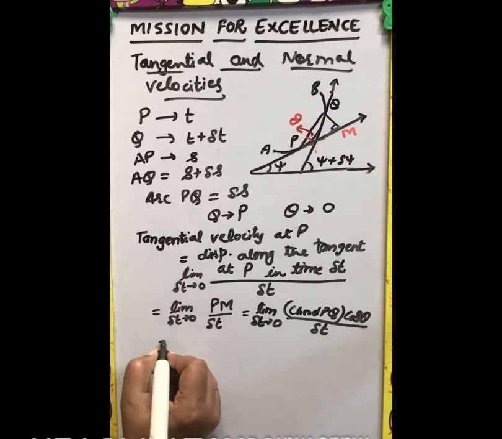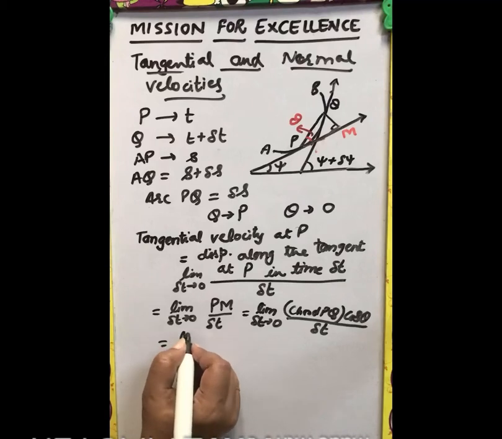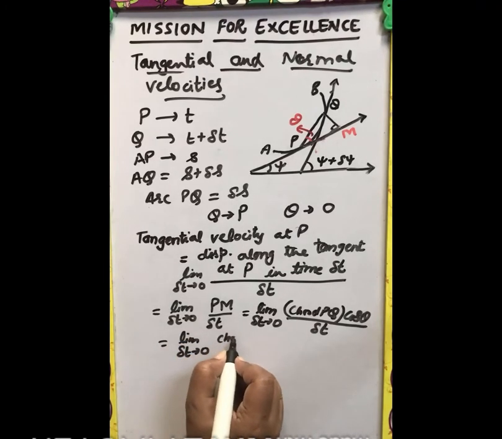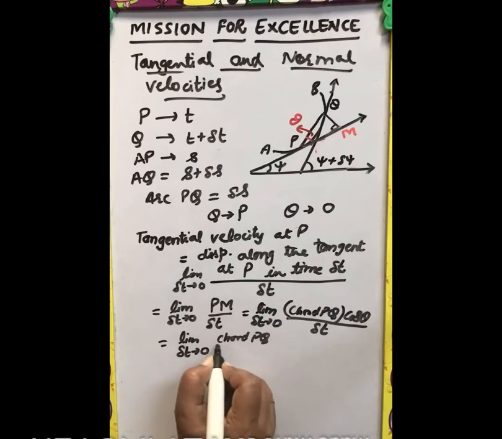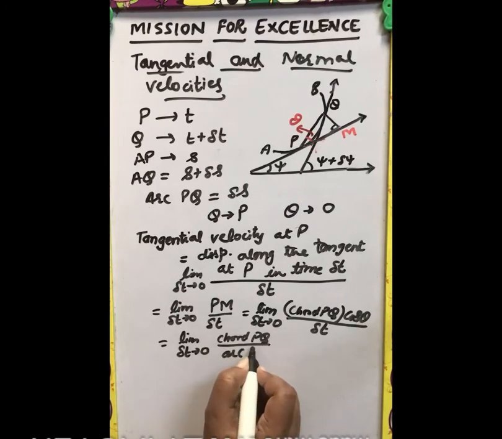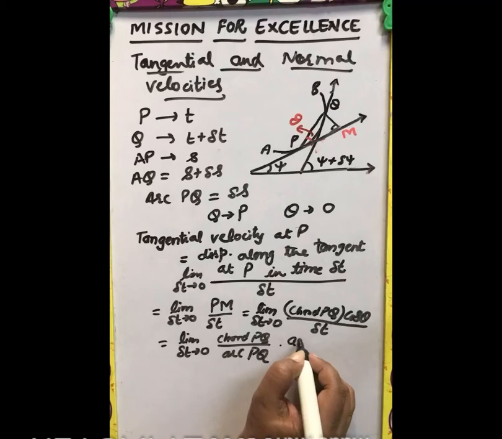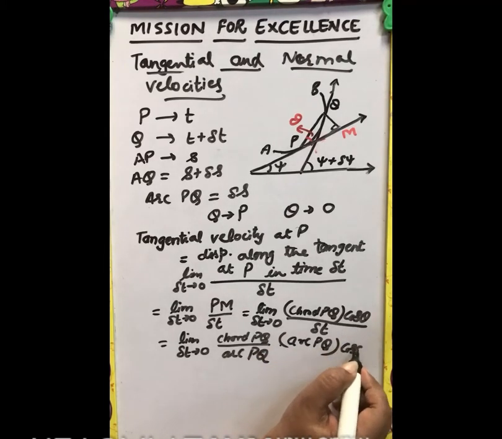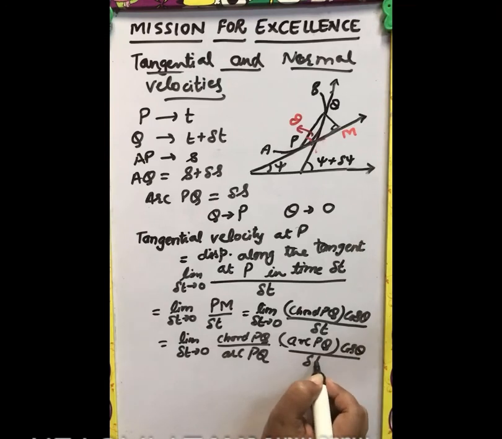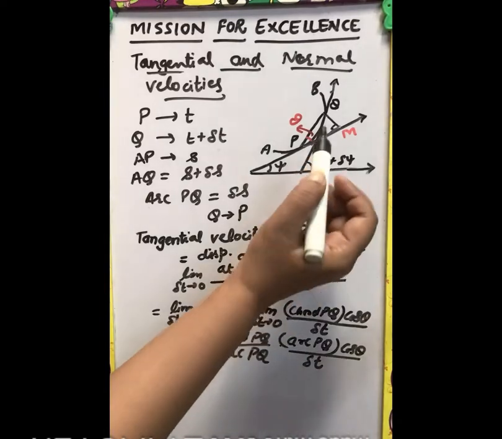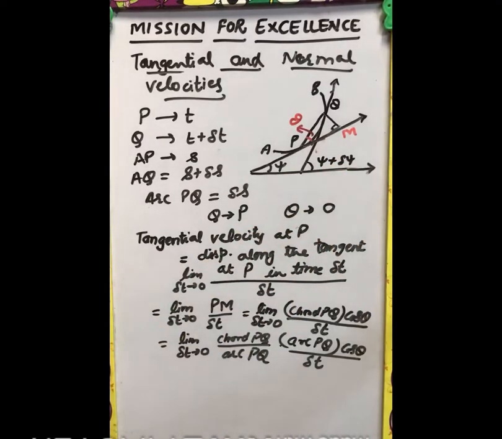Now let us multiply and divide it by the arc. So limit delta t tends to 0 of chord PQ by arc PQ, into arc PQ cos theta by delta t. Now when delta t tends to 0, the chord will become equal to the arc.